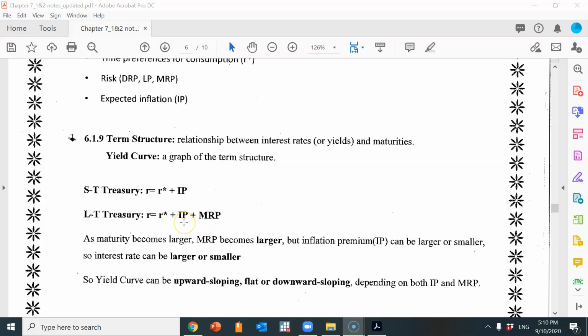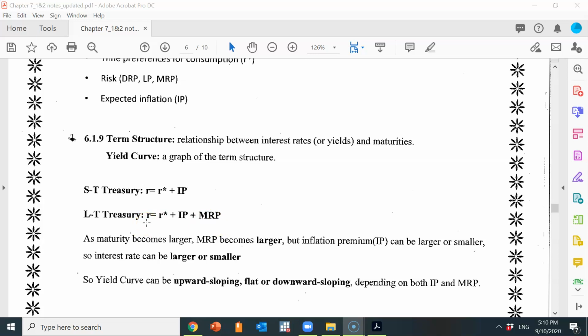However, it also covers more years, so the inflation premium could be either larger or smaller. If IP and MRP are both larger, then R should be larger for this longer term bond. If IP becomes smaller though, so much smaller as to offset the effect from the larger MRP, then R could be even smaller.